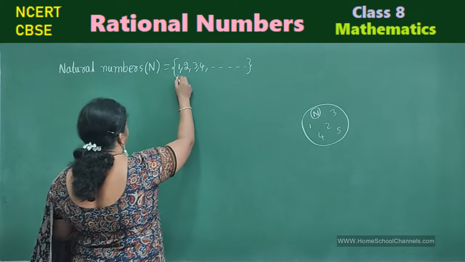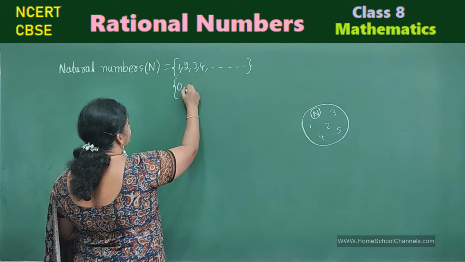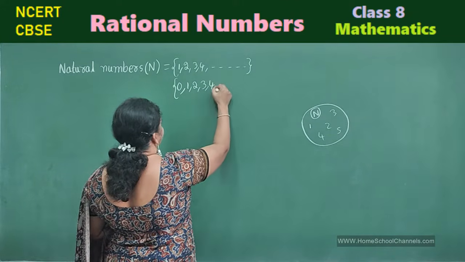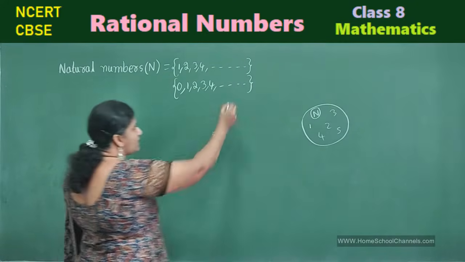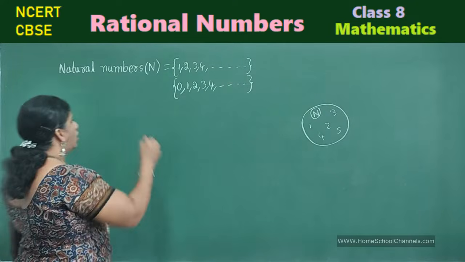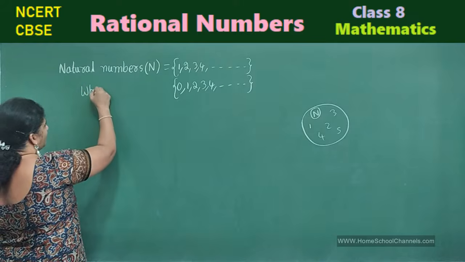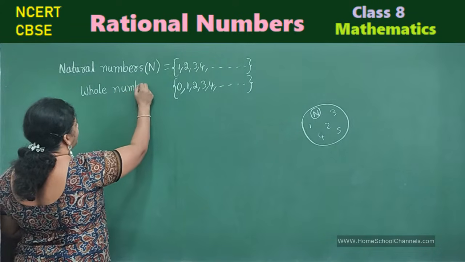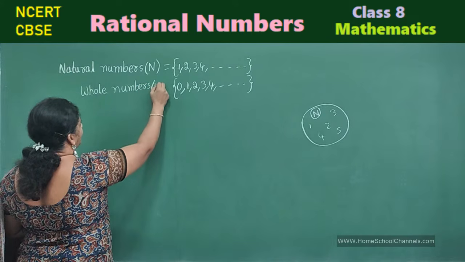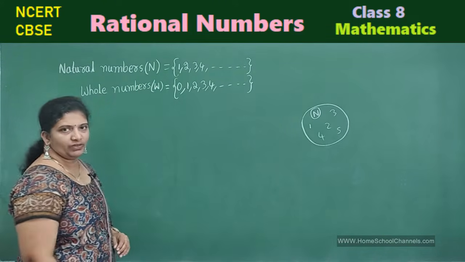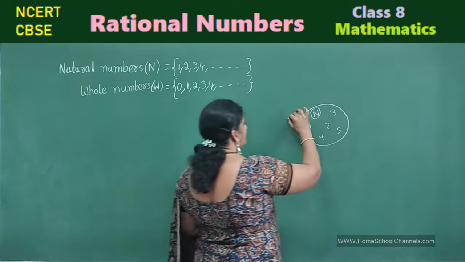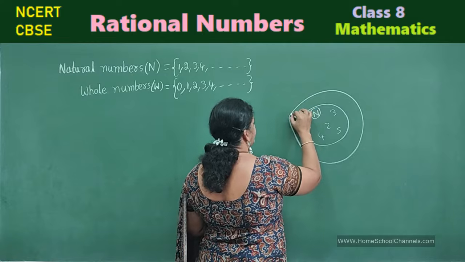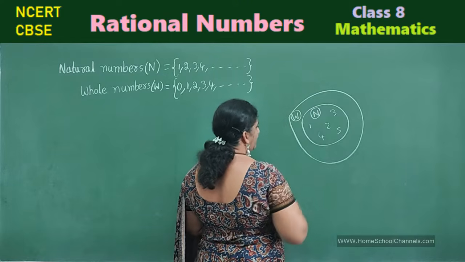Next, suppose I join 0 to these counting numbers or natural numbers. What are these types of numbers called? Whole numbers, and they are represented by the letter capital W. Now let me take one more round and write capital W here.